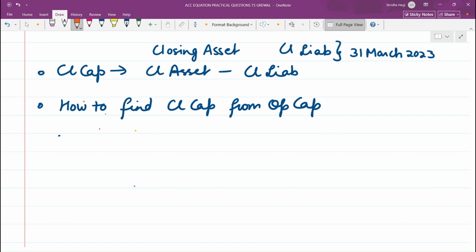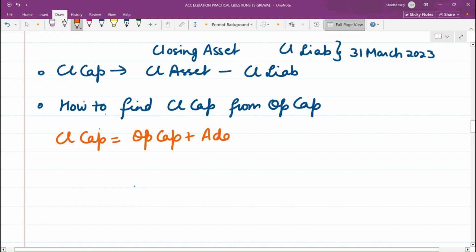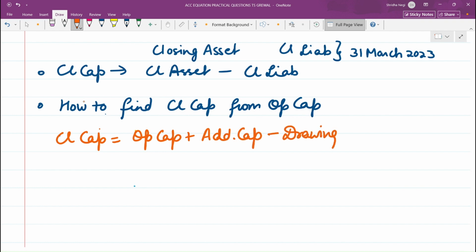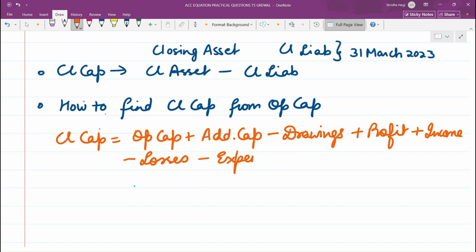The formula is closing capital is equal to opening capital plus additional capital minus drawings plus profit plus income minus losses and minus expenses. इनमें से अगर कुछ भी दिया है, so you are going to do it like this. Okay, so from the opening capital and these items, whatever is given, you can find out the closing capital.